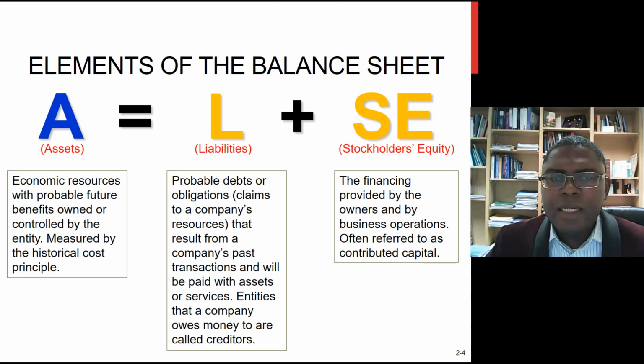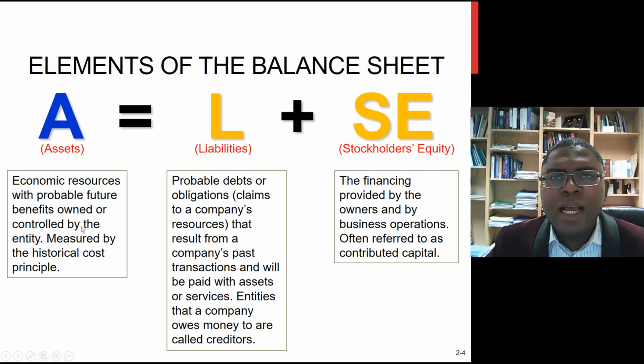The elements of the balance sheet that we had discussed before include assets, liabilities, and stockholders' equity. And this is what we call the balance sheet or the accounting equation. We have said this equation needs to always stand true. It needs to balance. Assets need to be equivalent to liabilities plus stockholders' equity. We define assets as economic resources.